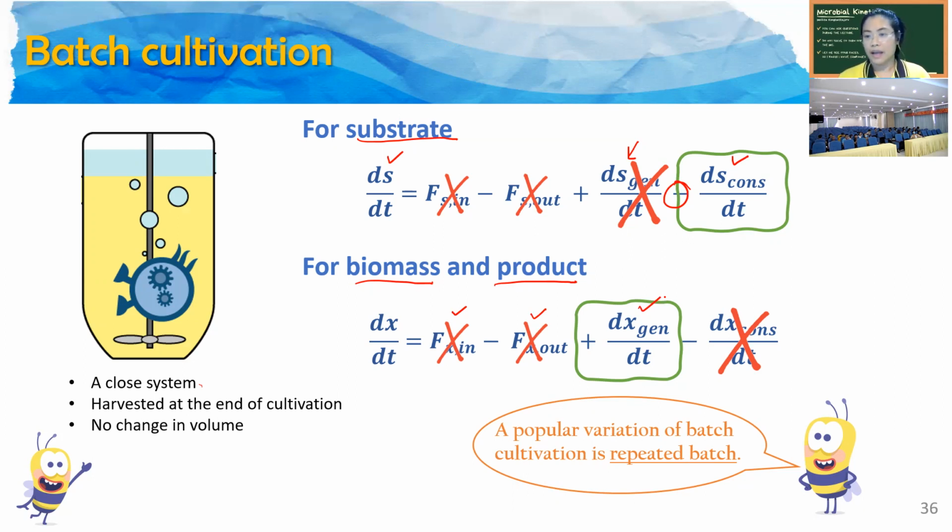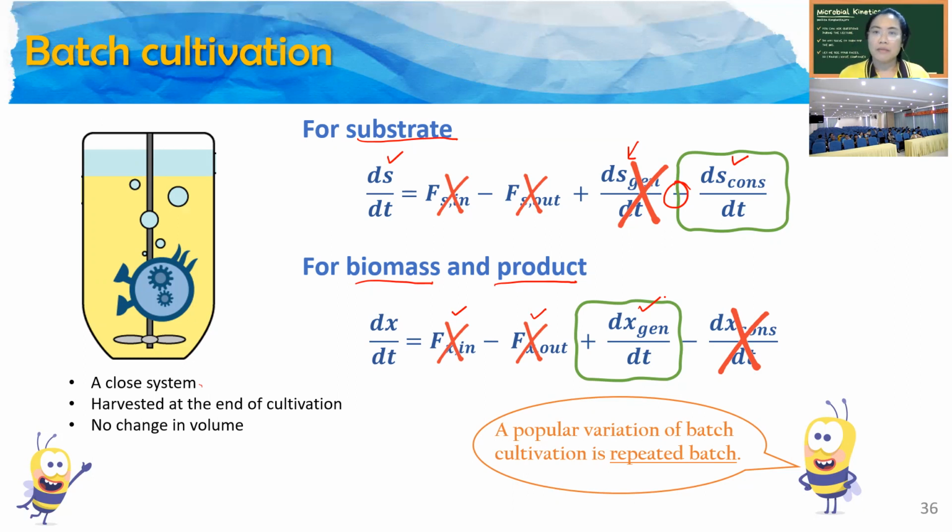In the future, if you read a lot of research papers, you will probably come across the word repeated batch. Repeated batch is a popular variation of the batch cultivation. So it's sort of like doing the batch repeatedly.